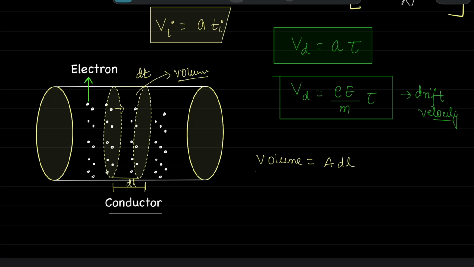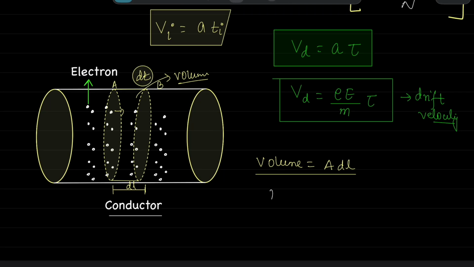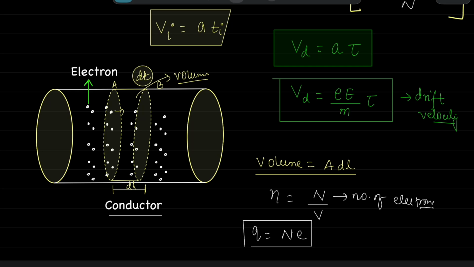Let's consider dl. We know that n is equal to the number of electrons per unit volume. We know that total charge is equal to the number of electrons into the charge of one electron. So we can write Q is equal to n into V into e.